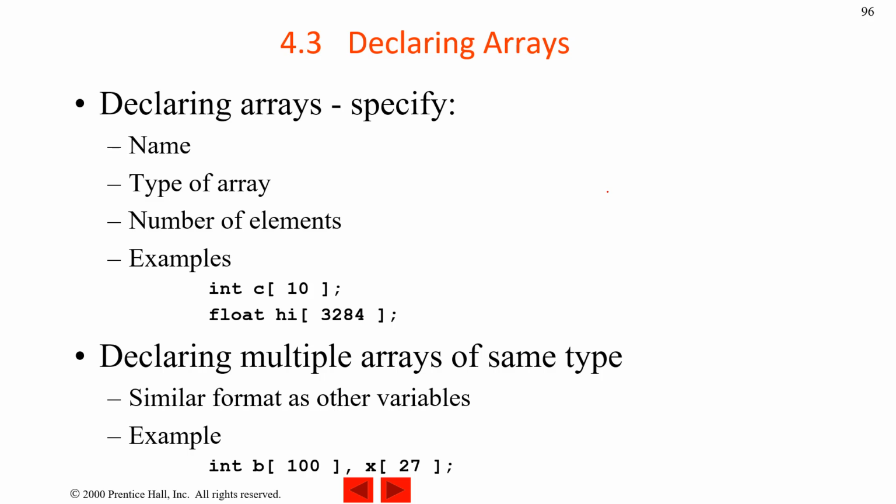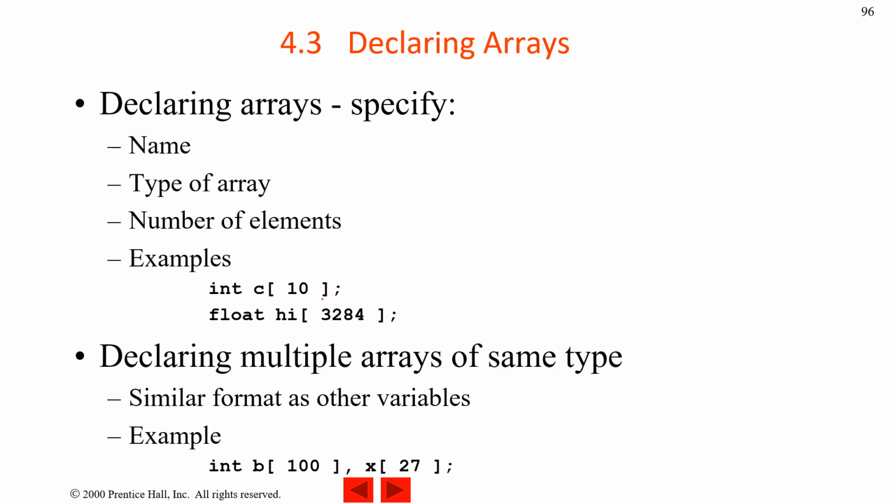So now that we have seen what an array is, let's look at the definition or the syntax, how you write it in C++. If you want to write an array, the syntax is this. You write the data type, the variable name, and the size.